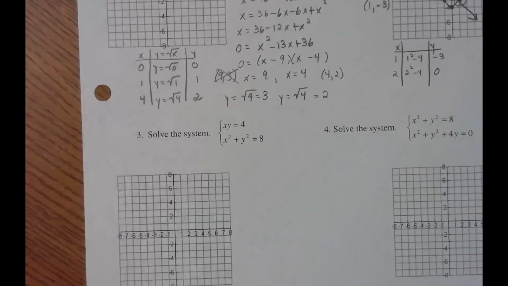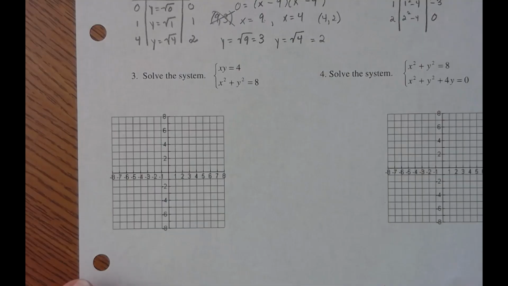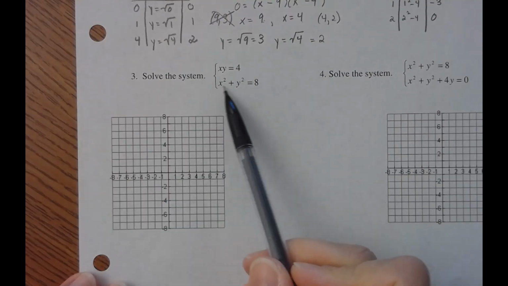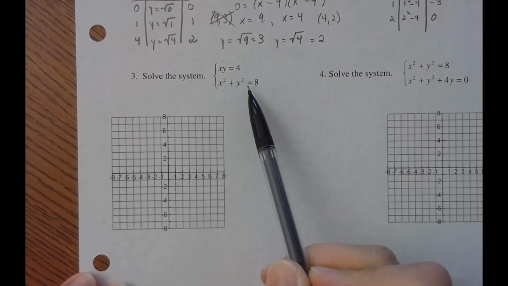Next one. xy equals 4 and x squared plus y squared equals 8.